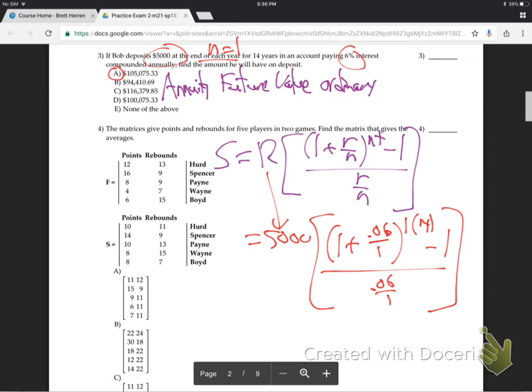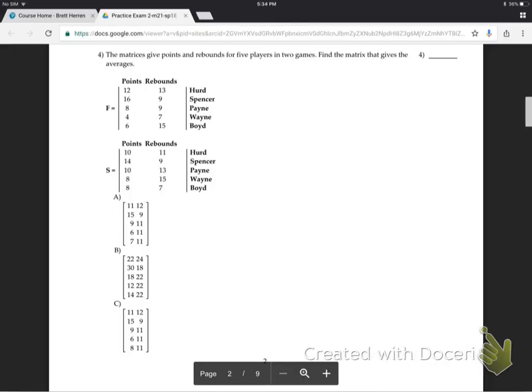Let's keep moving. So number 14 basically says that they want averages. So for Herd, 12 points on Friday's game. Saturday's game, 10 points for Herd. What's the average of 12 and 10? You add them and divide by 2, right? 22 over 2, 11. That's the average of 12 and 10.